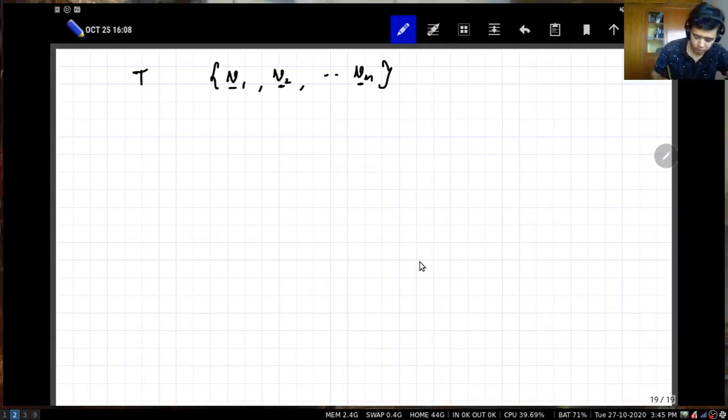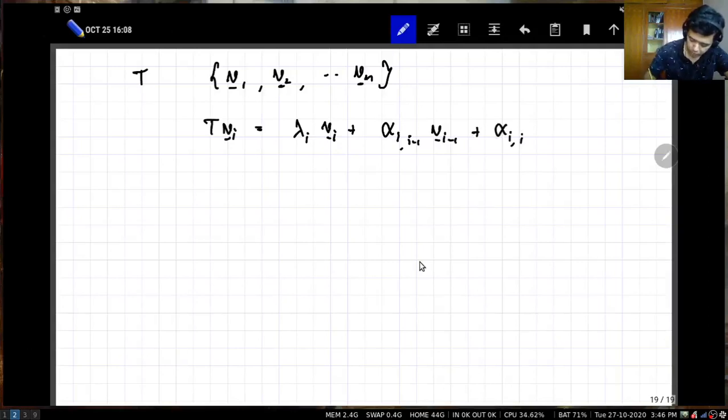The reason why this happens is that T v_i is equal to lambda i v_i plus some alpha_{i-1} v_{i-1} plus alpha_{i-2} v_{i-2} and so on.